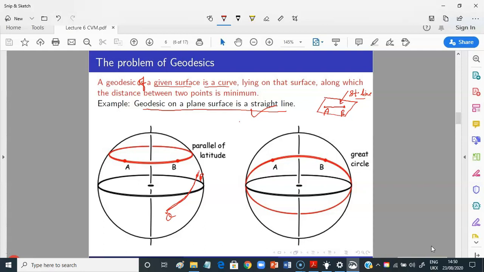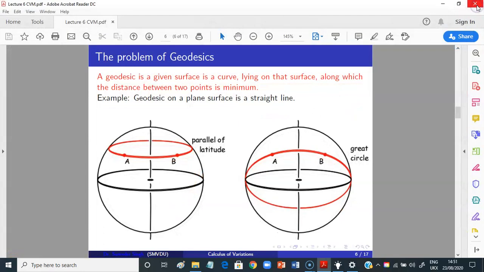So you have to determine it theoretically. How to determine this theoretically means you need to know the formula here. In determining geodesics, the length of arc on a particular surface plays an important role.